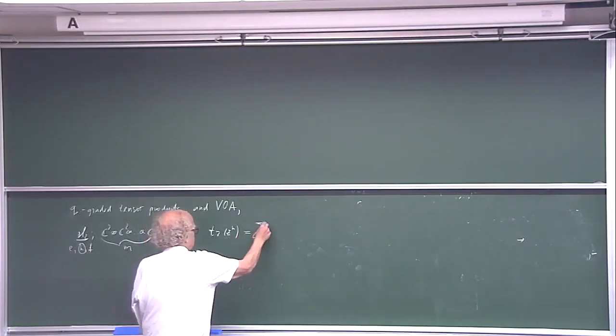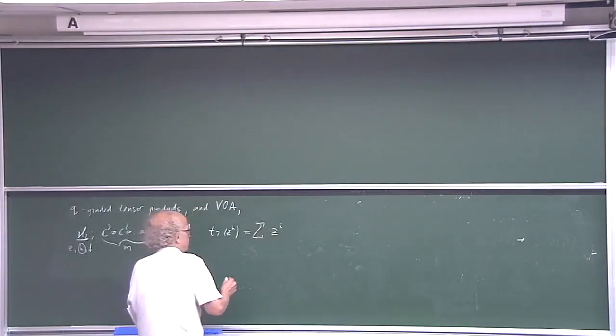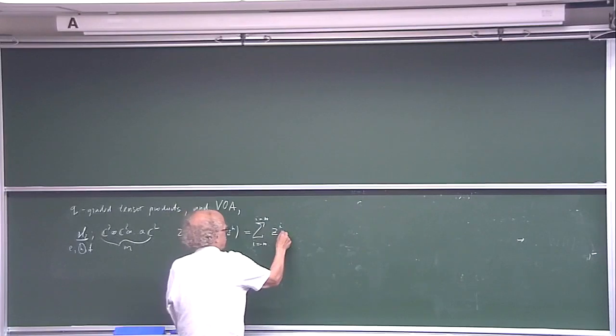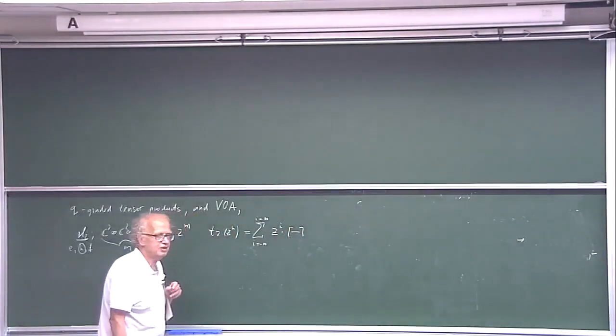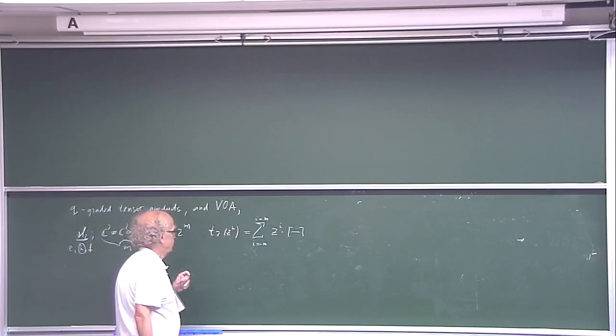It will be the sum of z to the i, starting from maybe minus m to plus m, and here the coefficient will be some binomial coefficient, and it will be the character with respect to the action of h.